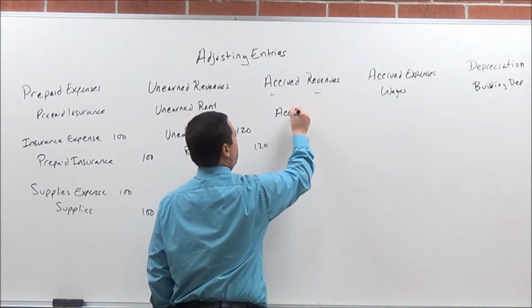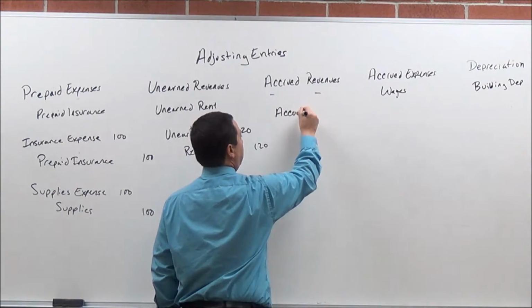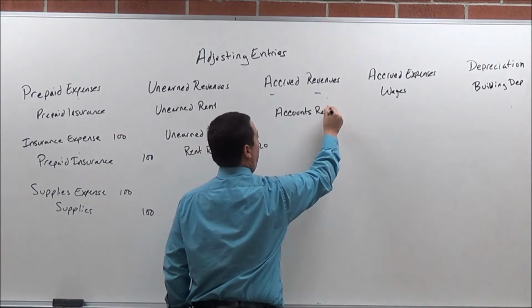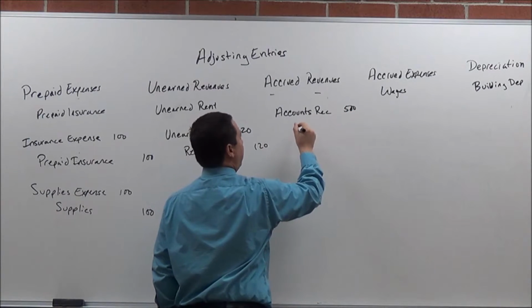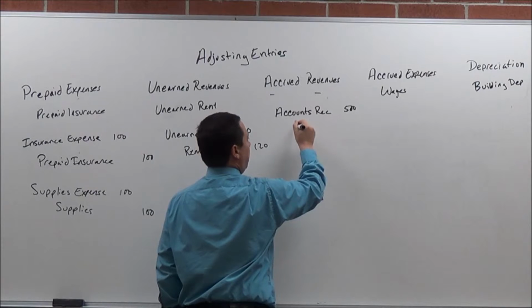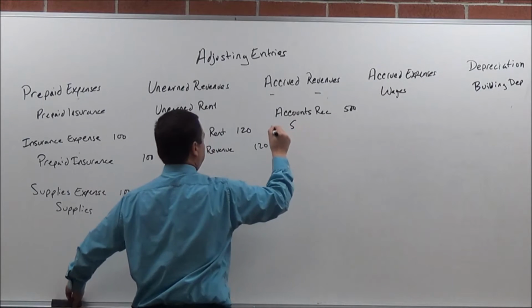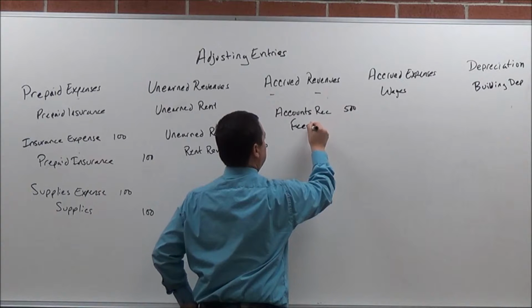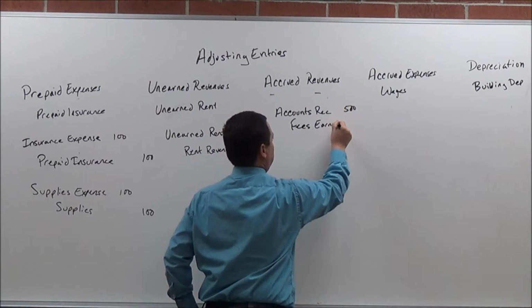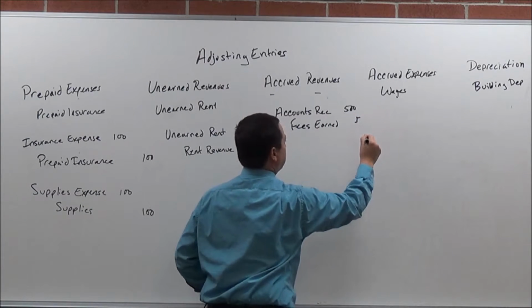So our accounts receivable will go up, and maybe it's $500. And then we'd have our revenues, we'll call it fees earned, for this one here, for $500.